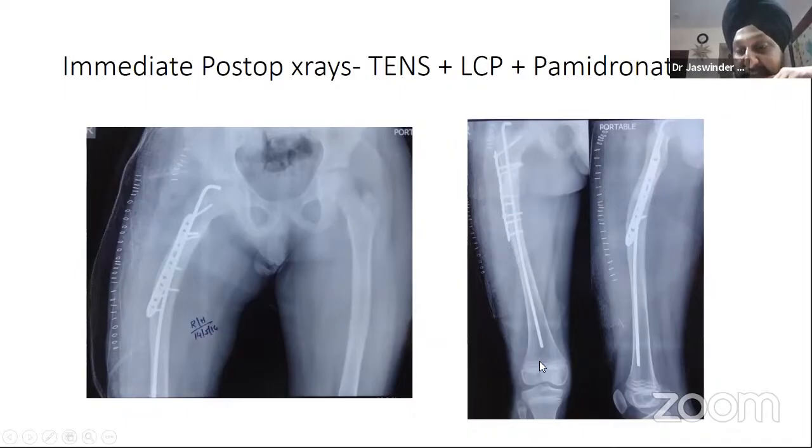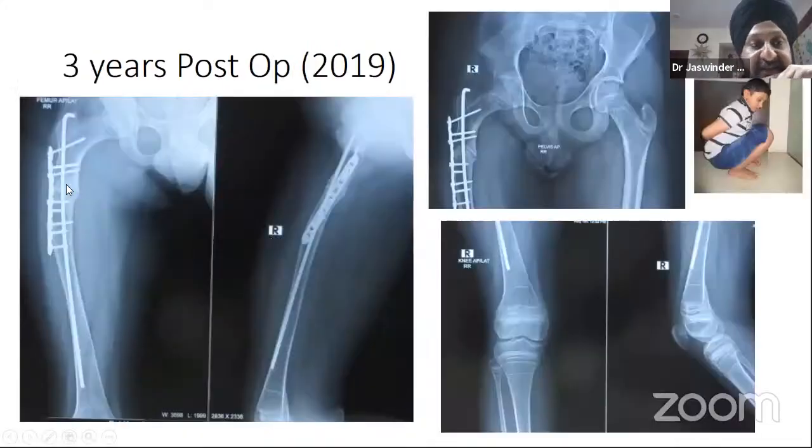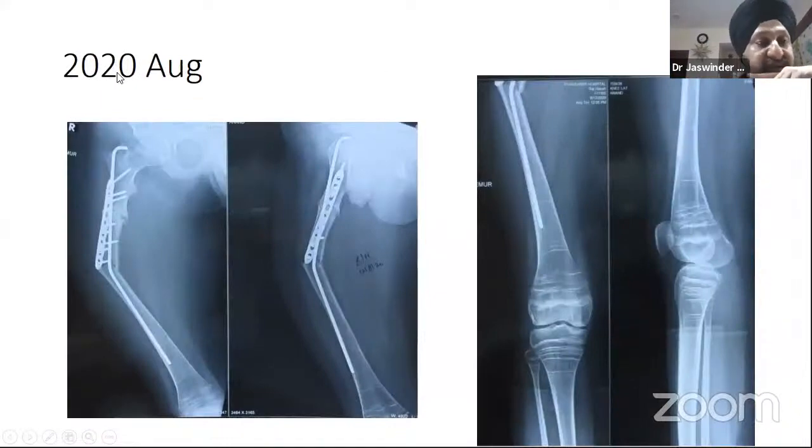You can see some Harris growth arrest lines in this child, two or three of them near the distal femur. This was 2 years post-op, child doing well, no complaints, but the fracture line was still seen. At 3 years post-op, the fracture line is more visible, and that is the face of this child. And after 4 years, he came with that deformity. He had pain.